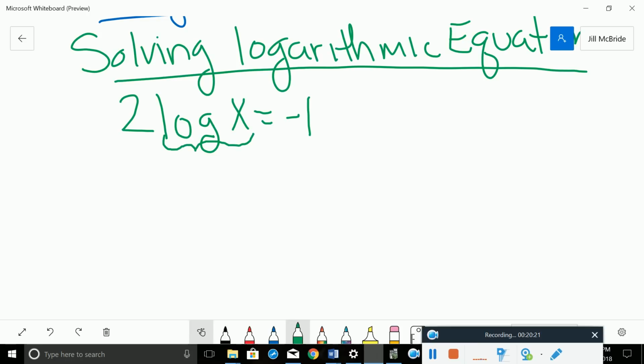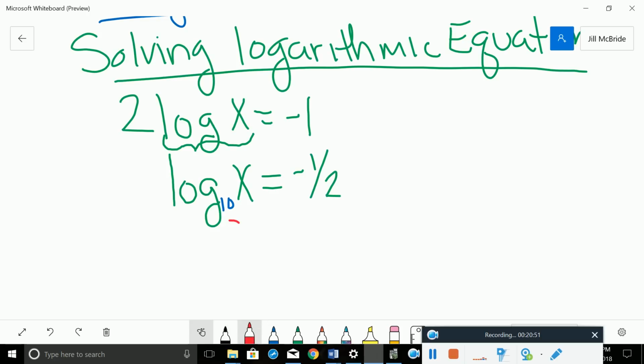that log has to stand all by itself. So the first thing I'm going to do is divide both sides by 2. Some of you may be asking, could I have put that 2 back up in the exponent? And the answer is yes. Now, we know that there's no base written here, but we also know that if there's no base, it's a base 10.